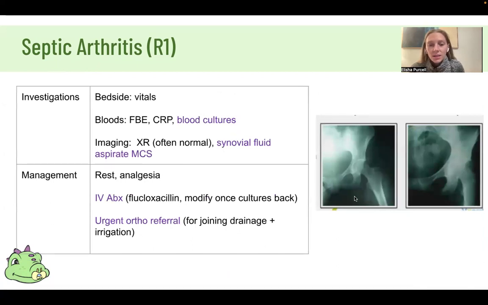Investigations and management: the main things unique for this are blood cultures and synovial fluid joint aspirate. In terms of management, IV antibiotics and urgent ortho referral are the main things you want to think about. This is just a hip X-ray showing septic arthritis.